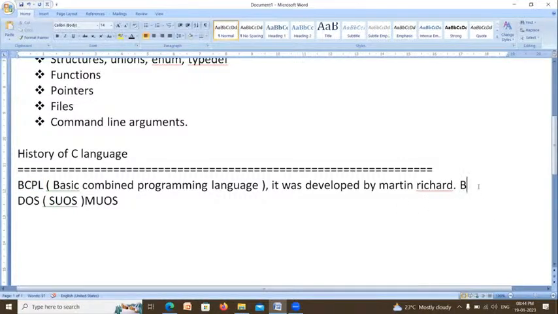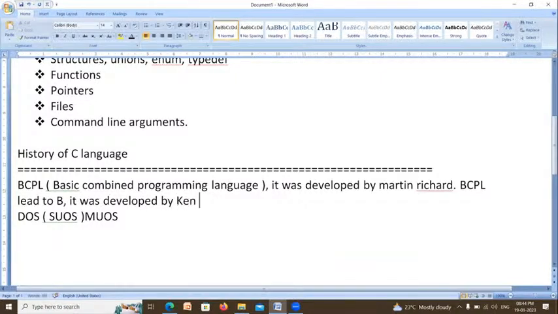BCPL led to B. It was developed by Ken Thompson.